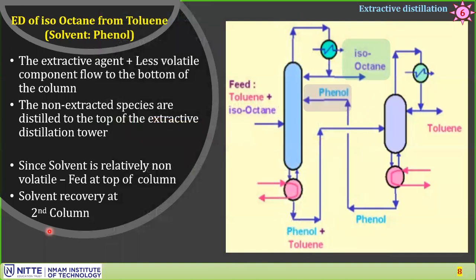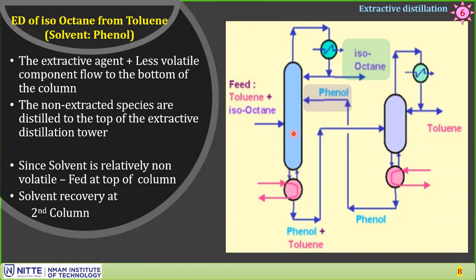Let us take one case here: extractive distillation of isooctane from toluene. The solvent is phenol. You feed the toluene and isooctane feed to the tower, maybe a packed tower or tray tower. The liquid goes down and gets heated up at the bottom in the reboiler.